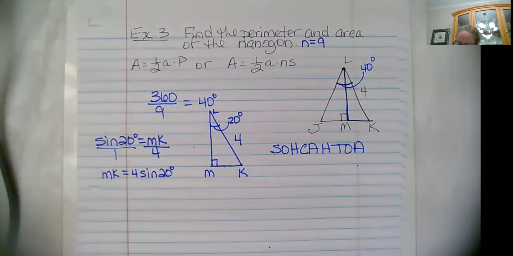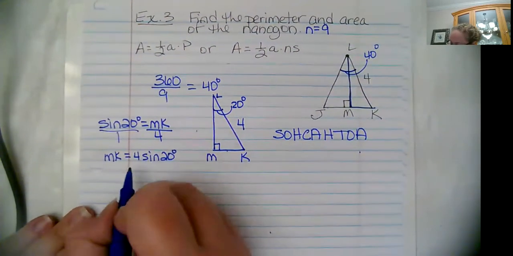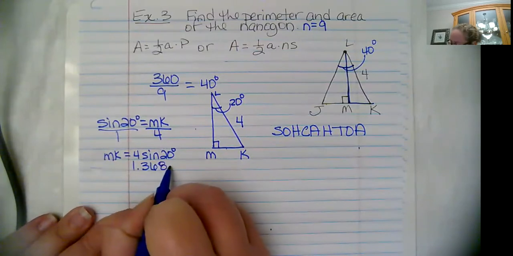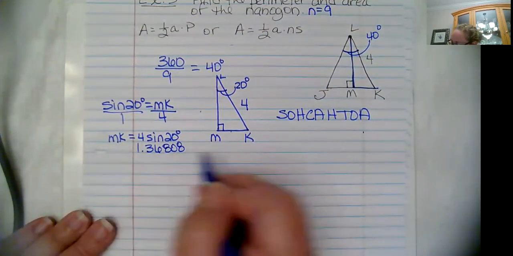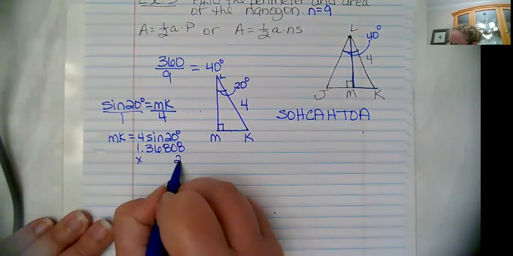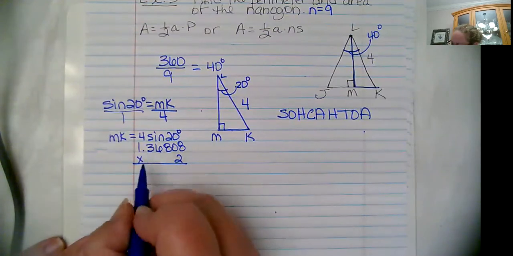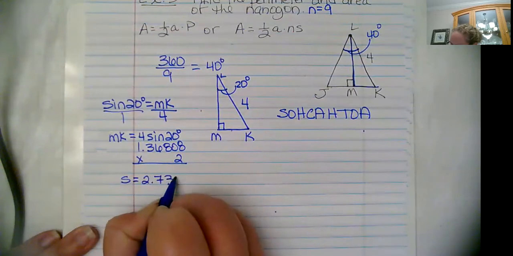So 4 times sine 20 equals, I'm going to keep a certain amount of significant digits, 1.36808. Now that's half. So to get the entire side length, I'm going to multiply this by 2, but I'm keeping what's already in my calculator. So I take that answer and multiply by 2, and we get, so this is our S, 2.73616.